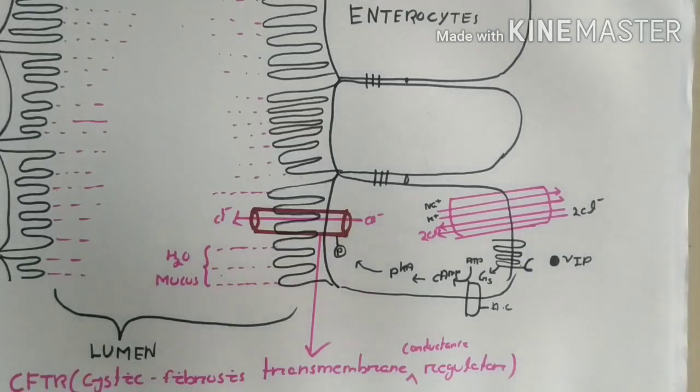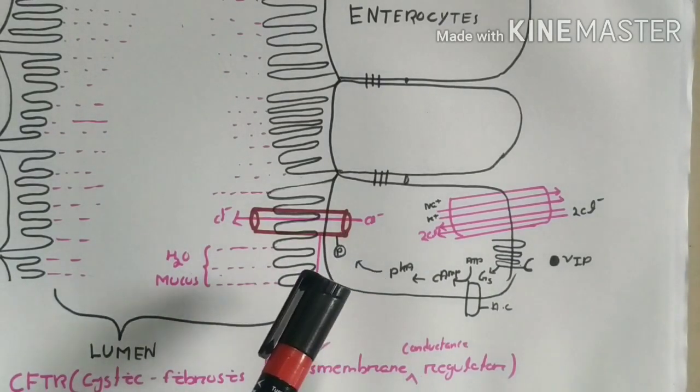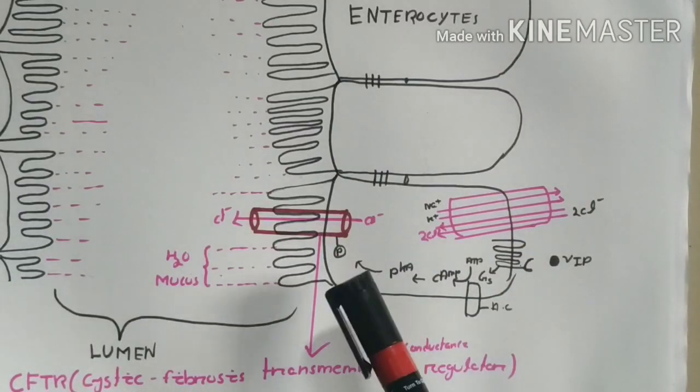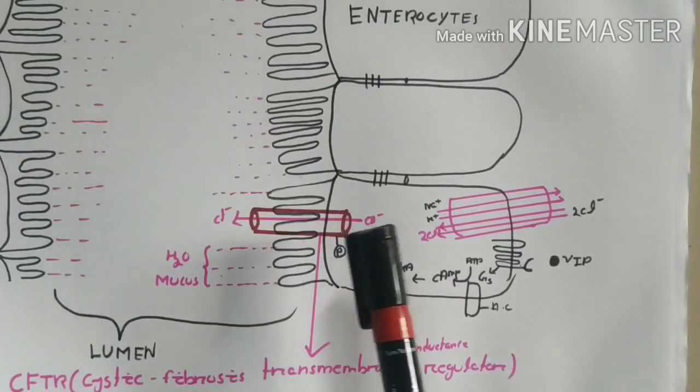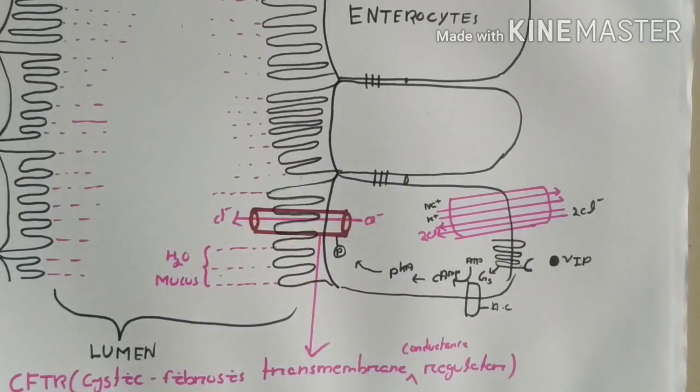So there are different diseases and disorders linked to the CFTR when there is a mutation in the CFTR. Like when the CFTR channel is mutated, there is dehydration in the luminal site.